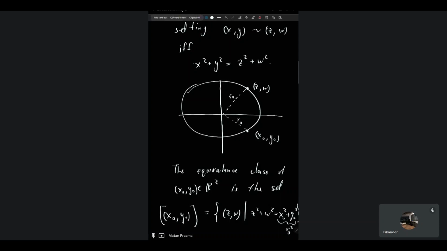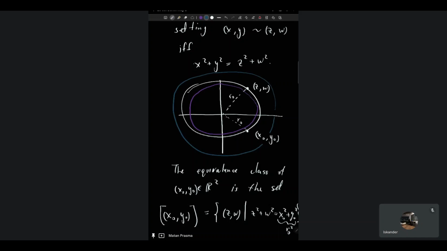And we have many different equivalence classes, right? This white circle is representing one equivalence class, the purple representing another, and the blue will represent yet another equivalence class.